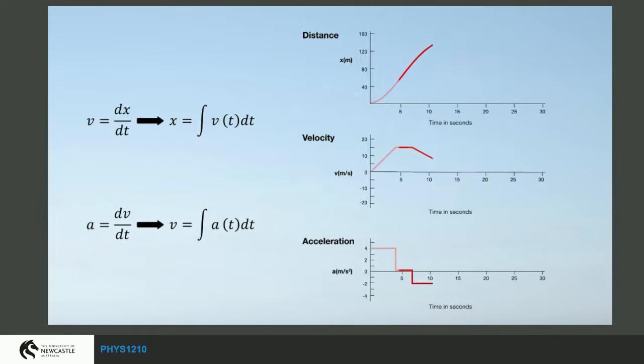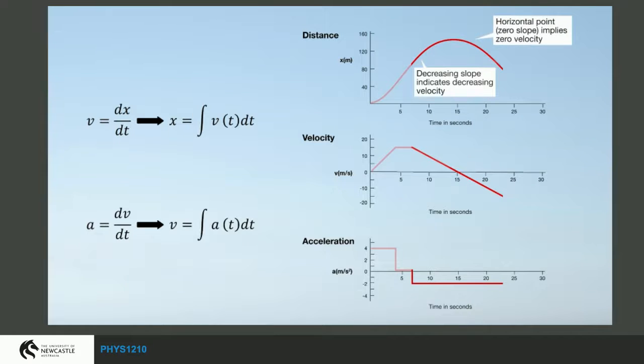Let's look at displacement over 23 seconds. Initially, there is a decreasing slope. This means that we get a decrease in velocity and a negative acceleration. You will also notice that at the highest displacement point, there is a zero slope, which corresponds with an intersection here for zero velocity.